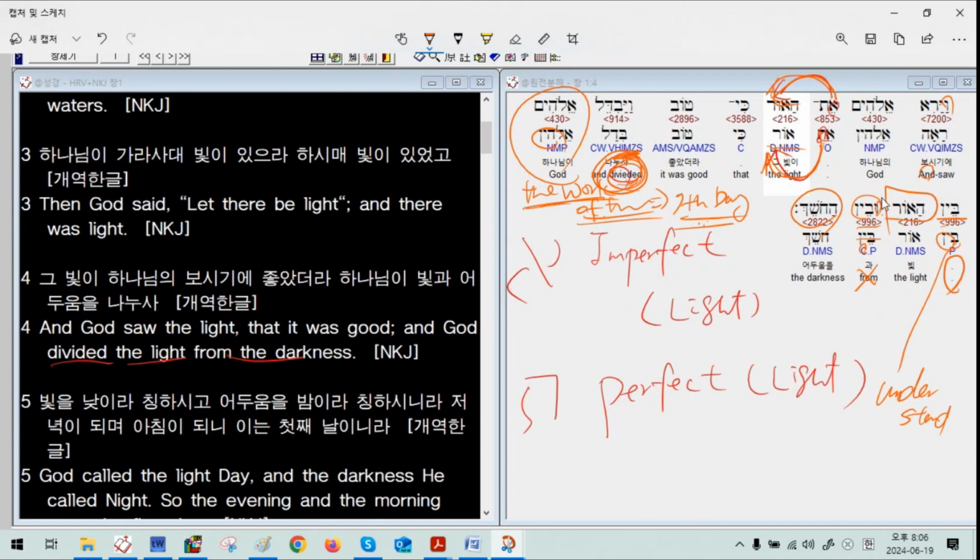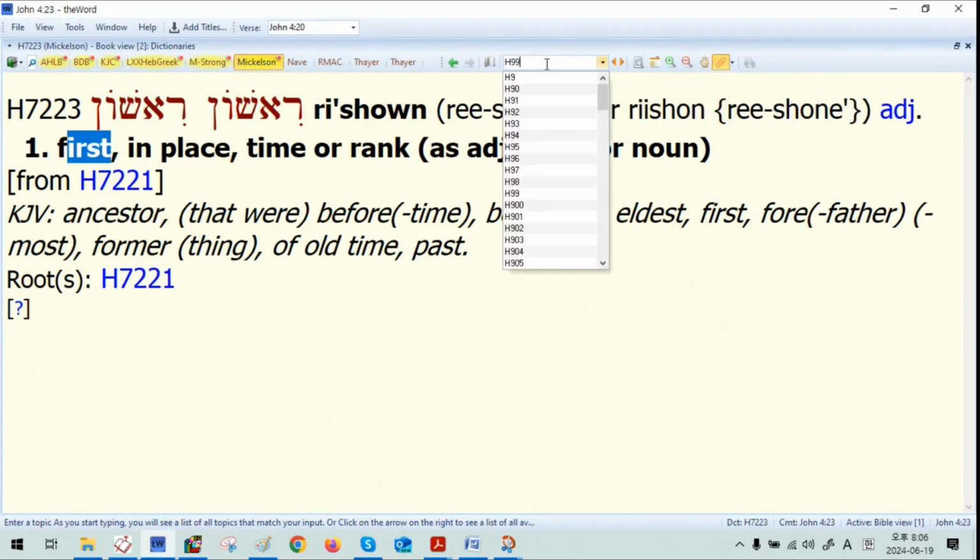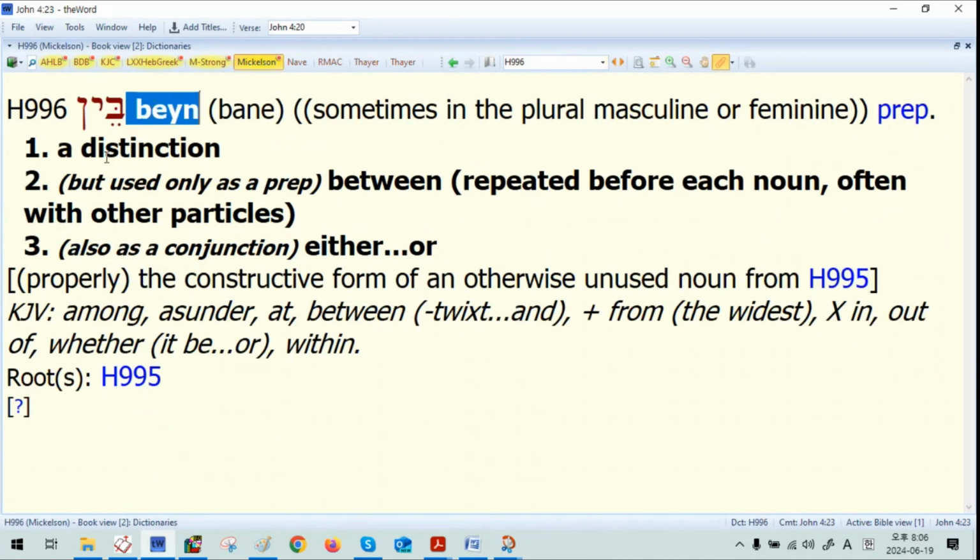Let's go to the dictionary, 996. You see, pen is what? Distinction. You have to have a distinction, cognition, realization. And this is the noun from 995. So 996, 995 is the same.